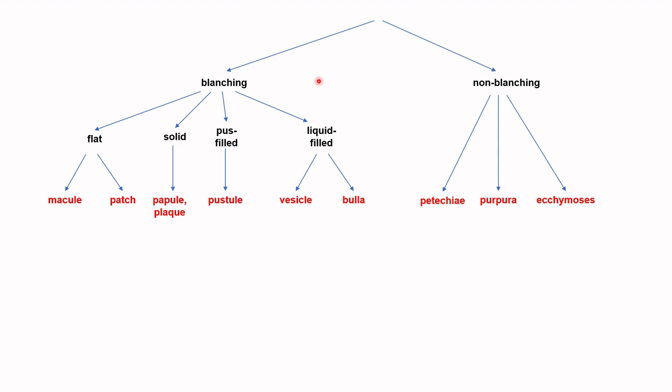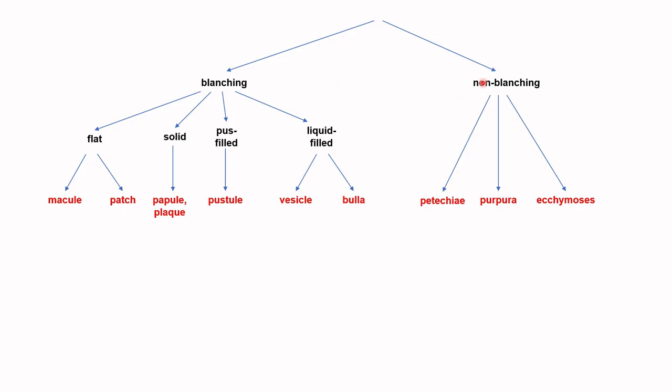And what this means is blanching means the redness goes away when you press on this red. So you have an erythematous rash, so a red rash, and then you press on it and the redness will disappear, whereas this is not the case in the non-blanching ones, so there the redness does not go away.